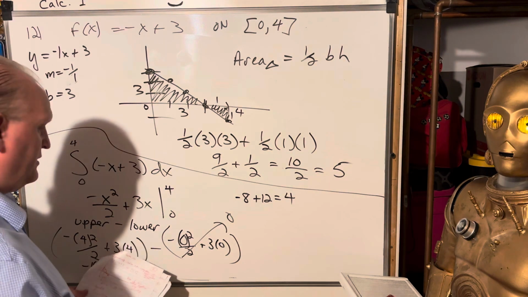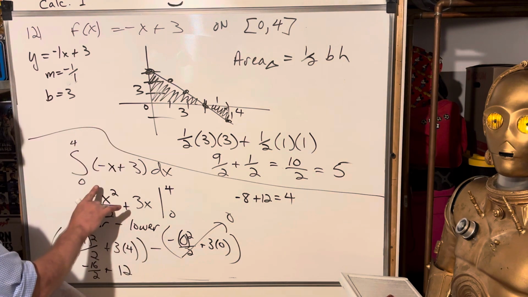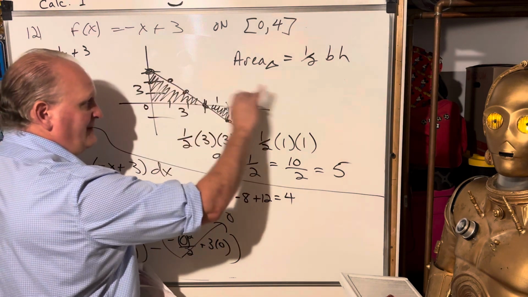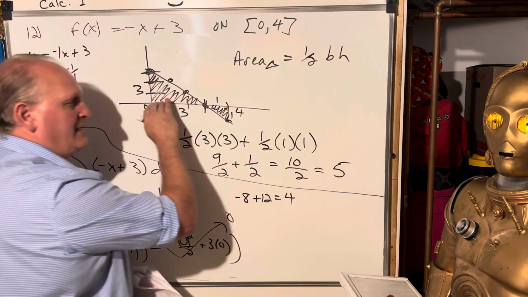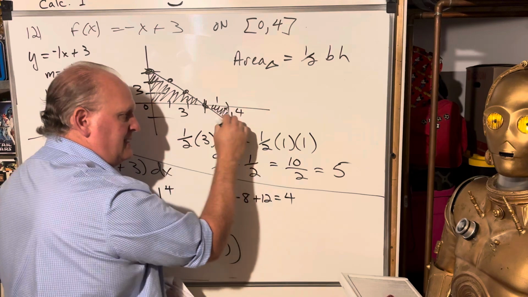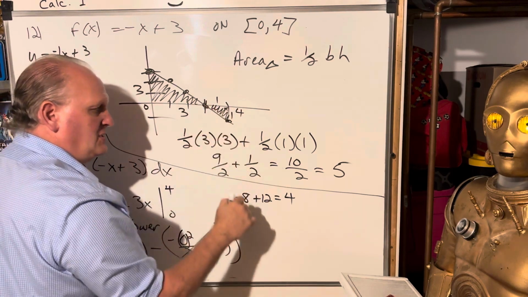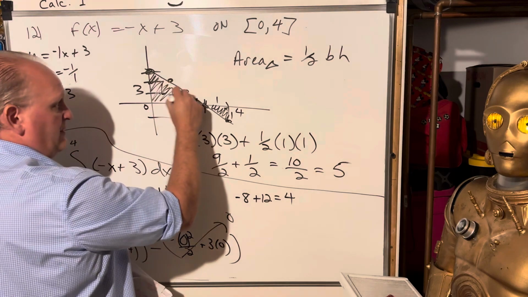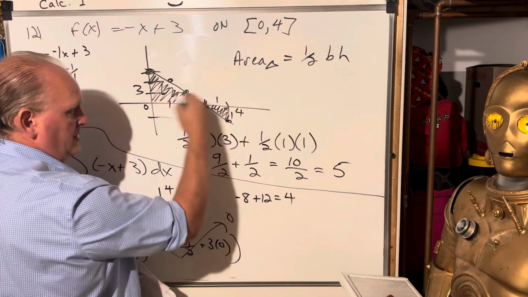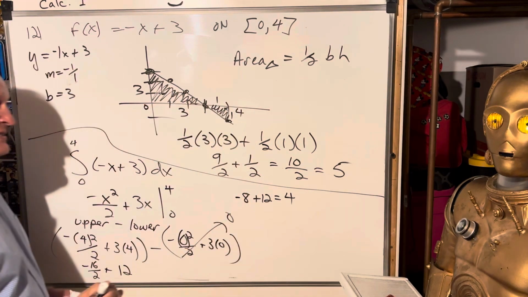We are finding the area under the curve, but when you integrate, anything above the x-axis counts as positive, and anything below the x-axis counts as negative. So when we worked it out as a geometry problem, you just found the total area, not concerned about whether it was above or below the x-axis.